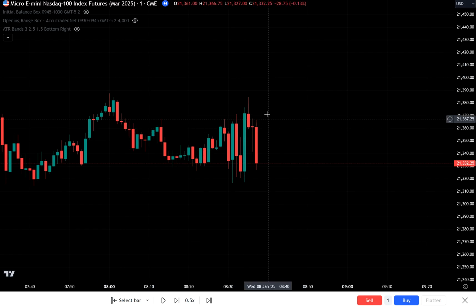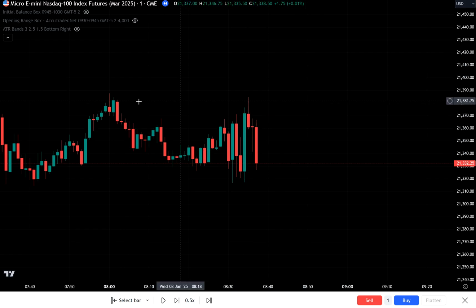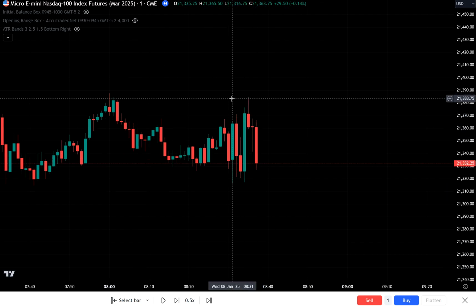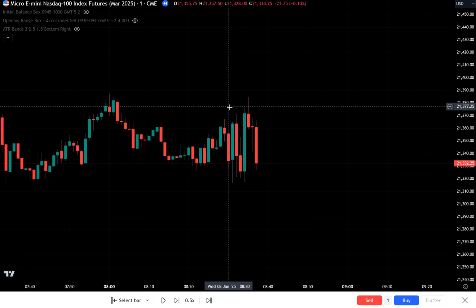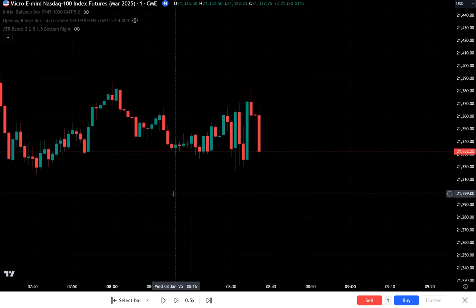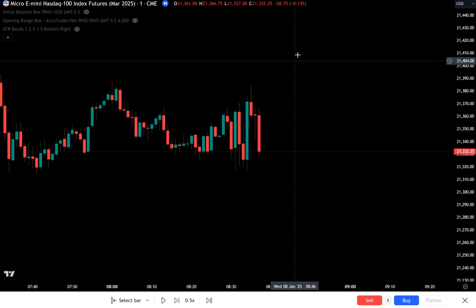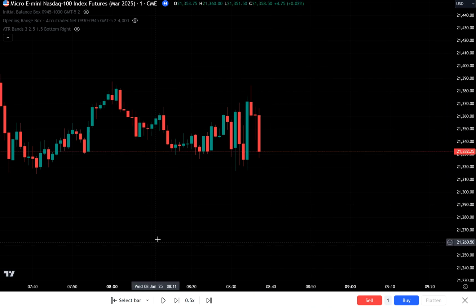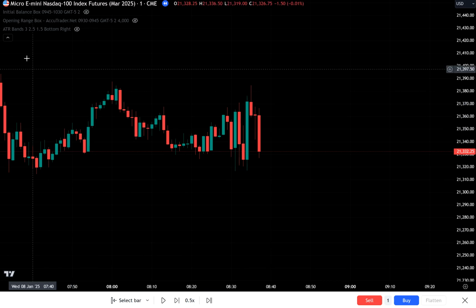This is a 1 minute chart of the MNQ, and I've got it in record or replay mode on TradingView.com, and I'm just going to show you something. It's a tool I use. I don't leave it on all the time, and I don't use it all the time, but if you're, say, scalping or looking to get into a trade and not sure if you're going to have enough movement in the market to hit your goals, this tool can work really well. So, what is it?